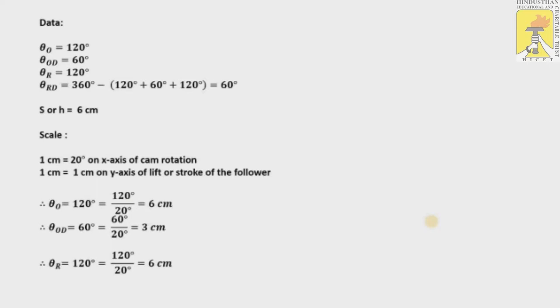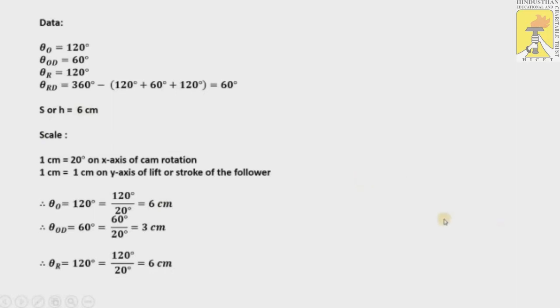So the given data: outstroke is equal to 120 degree, outward dwell is equal to 60 degree, return stroke is equal to 120 degree, and return dwell is equal to the overall combination of the strokes subtracted from the entire circle, which has 360 degree. So 360 minus 120 minus 60 minus 120 equal to 60 degree. The remaining dwell is 60 degree.